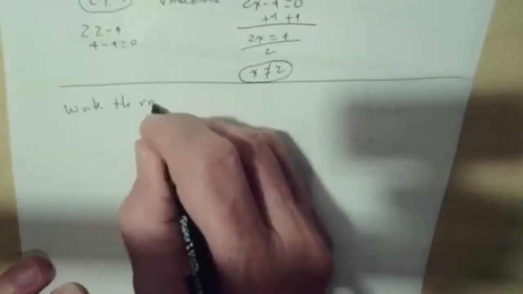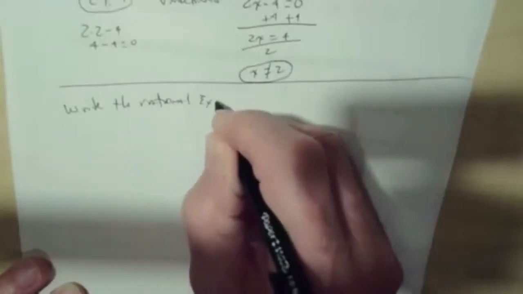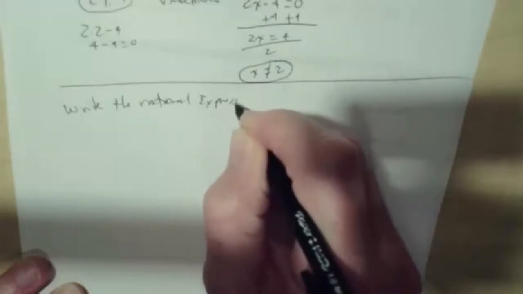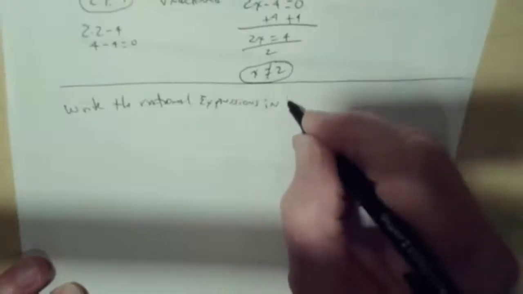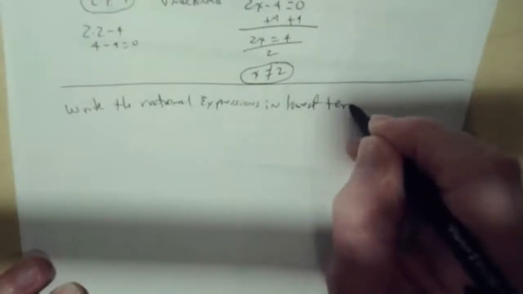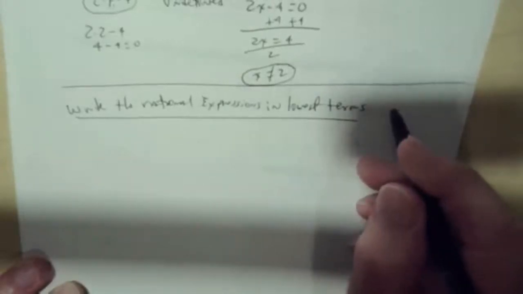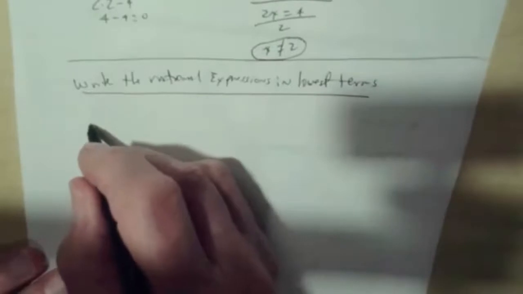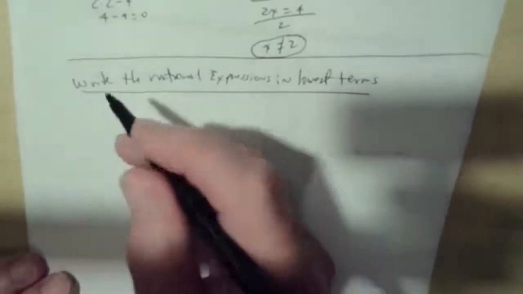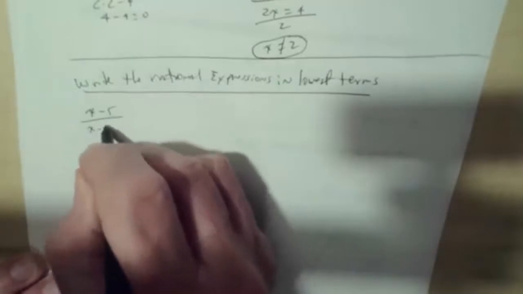Now, write the rational expressions in lowest terms. Okay. Now look, what if we have x minus 5 divided by x minus 5, what do we have here?